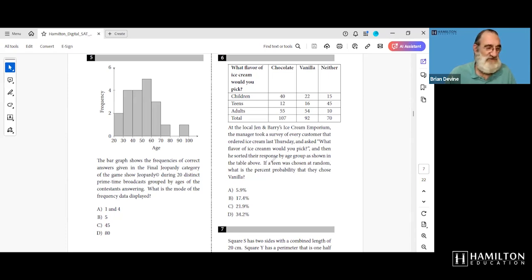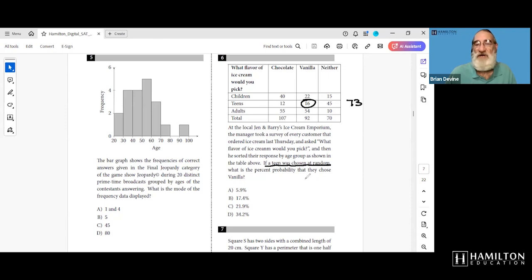Well, the question basically drives the answer here. If a teen was chosen at random, well, that would be out of all the teens. And if I look at that and add those up, 12 plus 16 plus 45 is going to be 73 teens. And of those, 16 preferred vanilla.